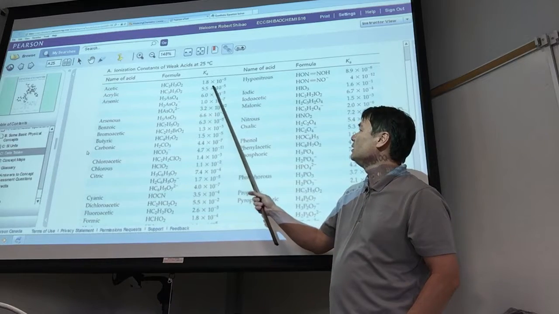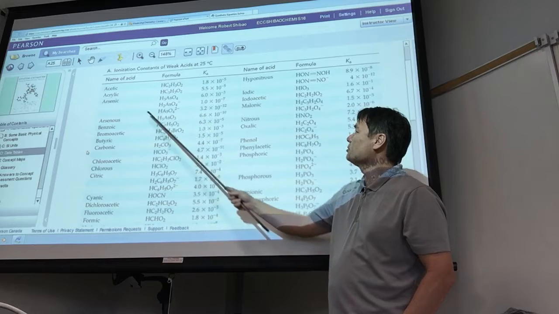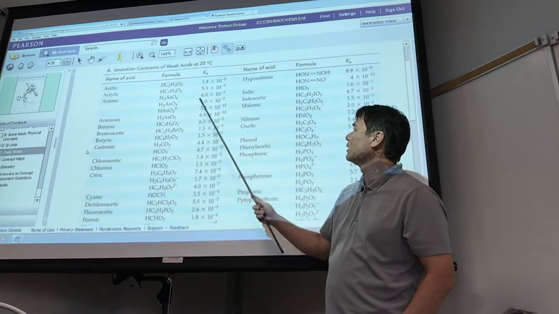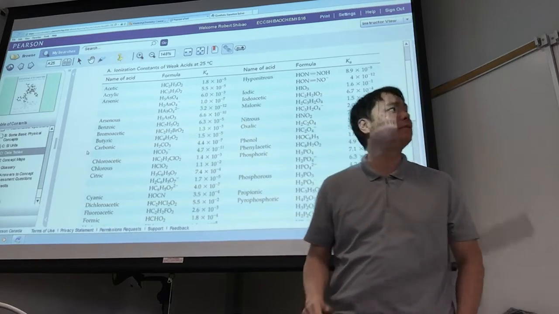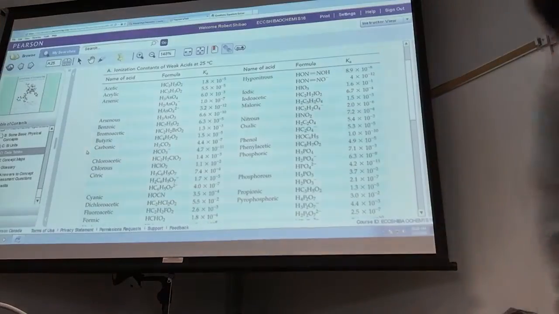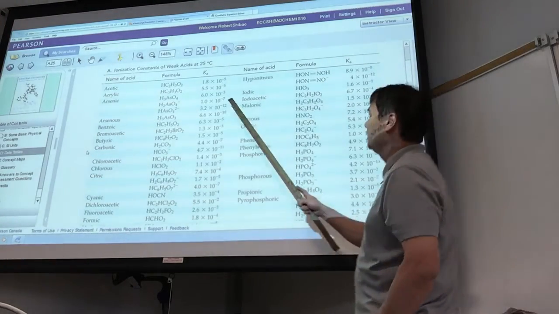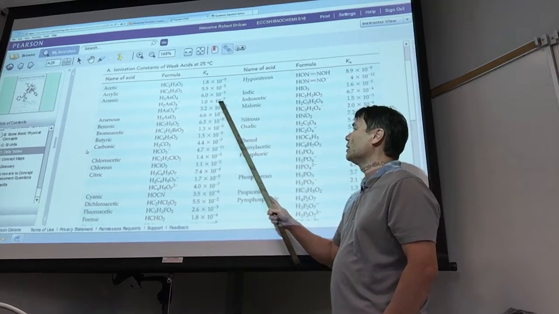And so looking at these, acrylic is monoprotic. Now arsenic would be a triprotic acid here. If we look at arsenic acid, we would solve these stepwise starting with the biggest K. The biggest K here would be 10 to the minus 3. Then the next biggest would be 10 to the minus 7.